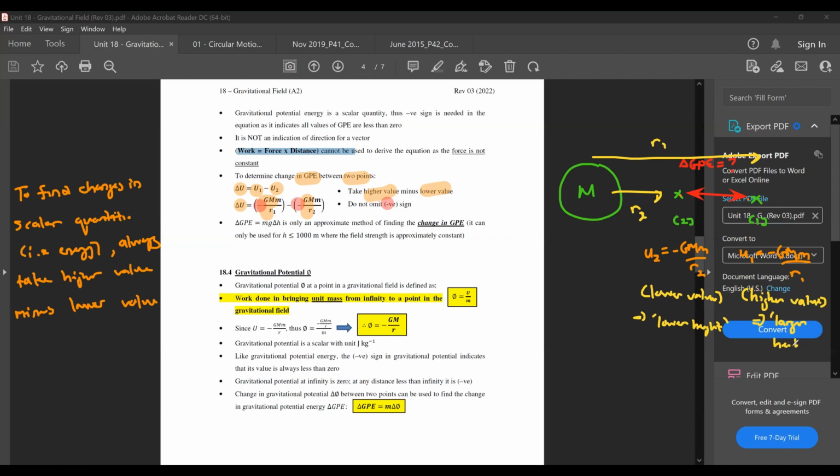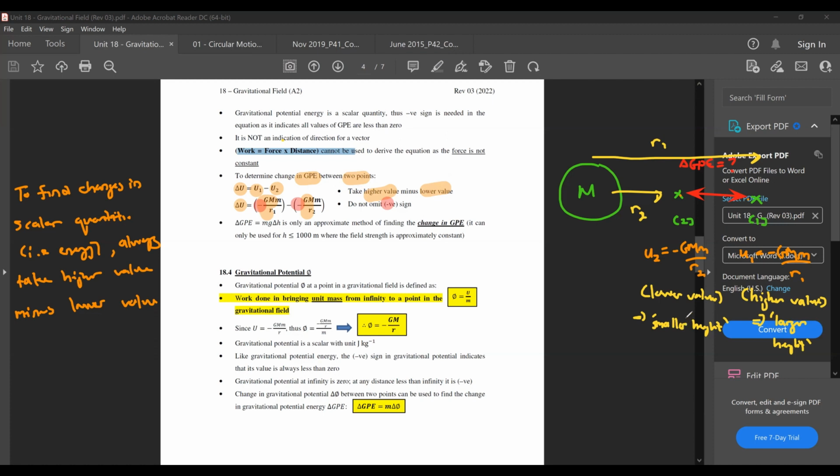This is something like what you guys learned last time in AS. If something is at a smaller height, your GP is lower. If something is at a larger height, your GP is higher. So you can just think of it as that. Generally, the larger your height, the larger your GPE. Maybe I better make my term more consistent, smaller height.